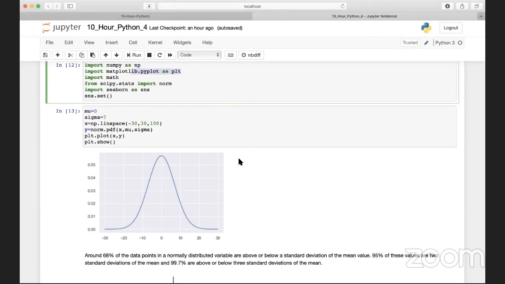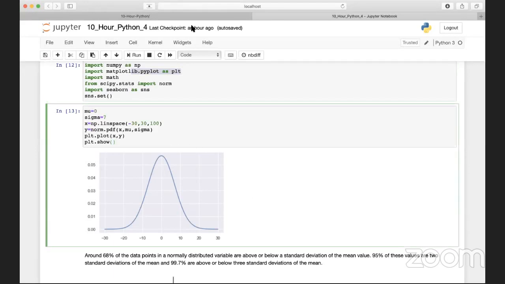Okay, got it, thanks. When we normalize, is it 0, 1 or minus 1, 1? It's 0, 1.